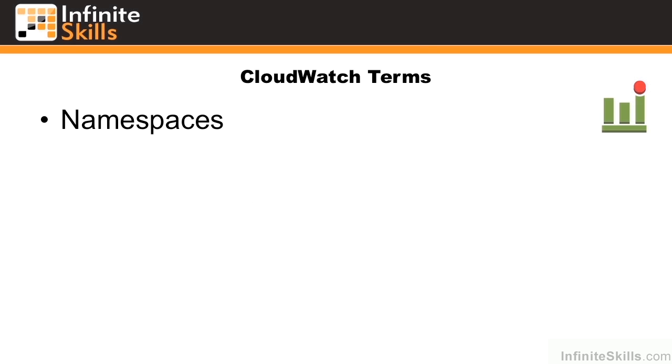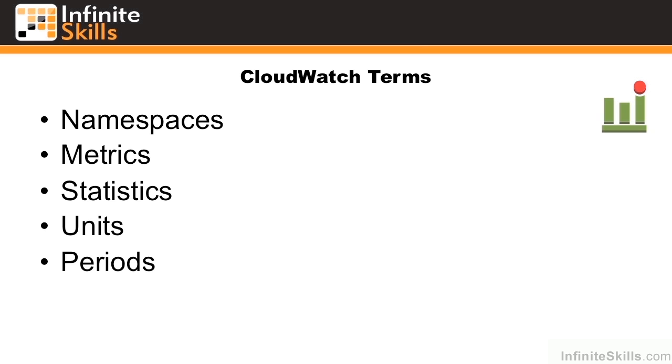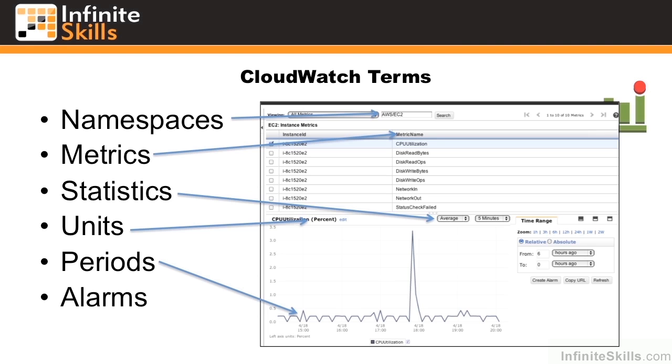CloudWatch uses namespaces, metrics, statistics, units, periods, and alarms. And if we look at these in the web GUI, we see that the namespaces, for example, for AWS, are AWS/service name. The metrics are specified here in the upper view of CloudWatch, and here we can see that we have CPU utilization, network in and network out for EC2.